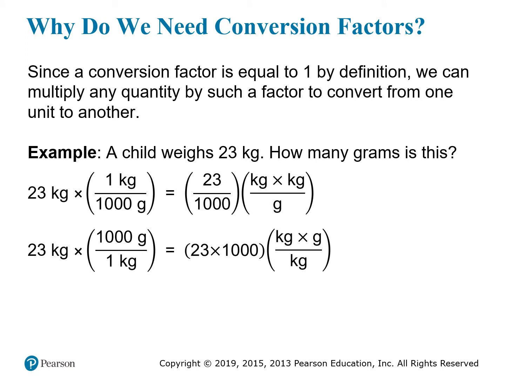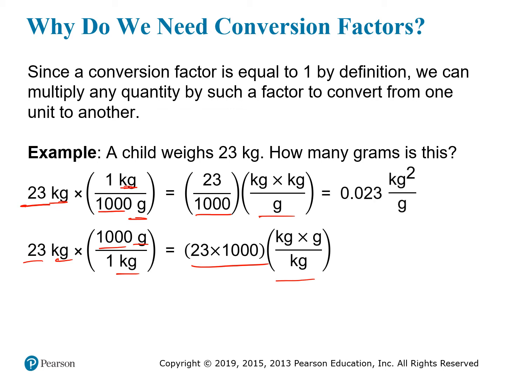When you multiply numbers with units, you can separate them into the numerical part and the unit part. So 23 divided by 1,000 becomes the numerical part, and the unit part becomes kilograms times kilograms divided by grams, as you can see here. For the second one, you have 23 times 1,000 as the numerical part, and then kilograms times grams divided by kilograms as the unit part.